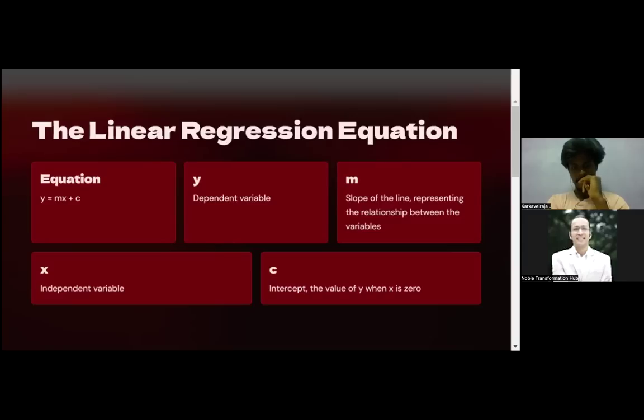It looks very simple, y equal to mx plus c, but it is a very powerful linear regression equation. These are the components and breakdown of the equation so that you can understand properly.